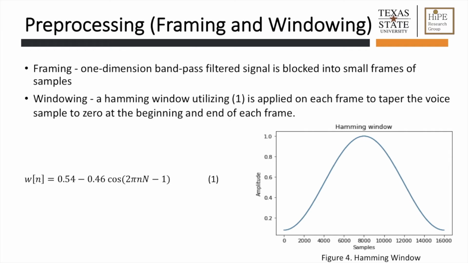After we get small segments of frames, we apply a Hamming window. Windowing is applied on each frame to taper the voice sample to 0 at the beginning and end of each frame, so that we do not get discontinuity at the beginning and the end of the frames.